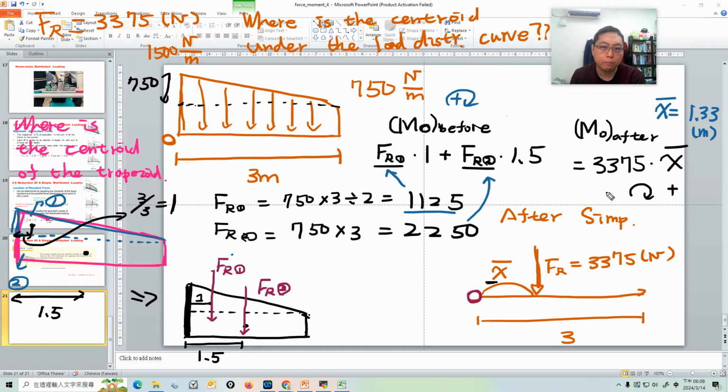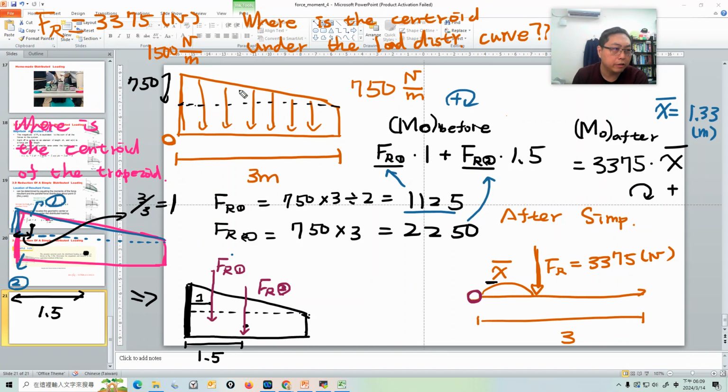Before and after simplification, the moment must be the same. So we have to calculate the moment before simplification, and to do that you need to know the centroid of your area.